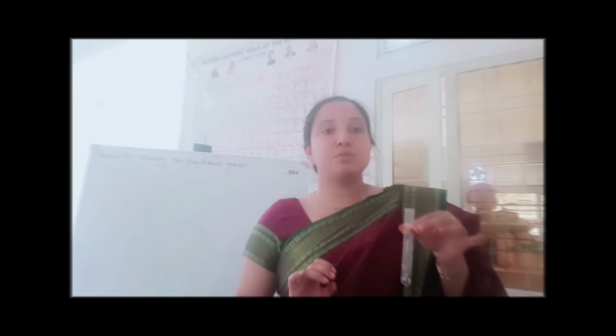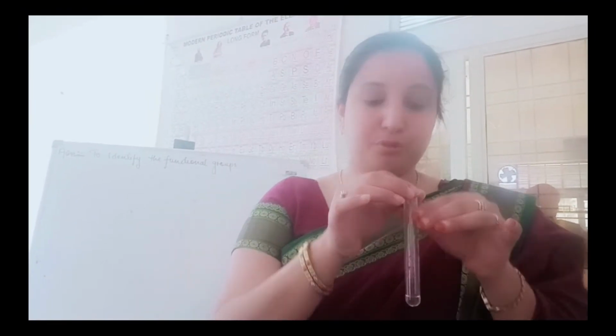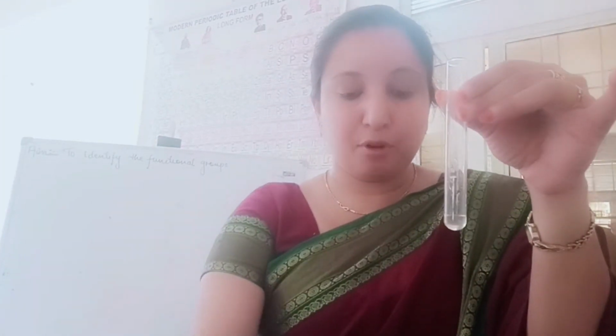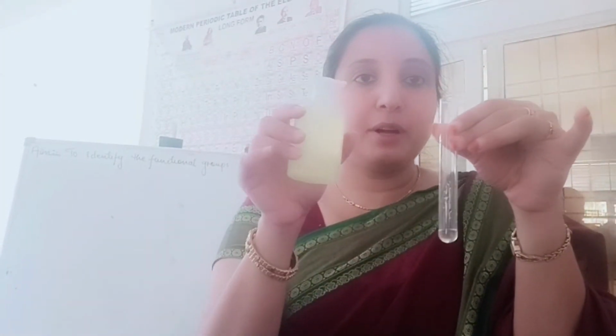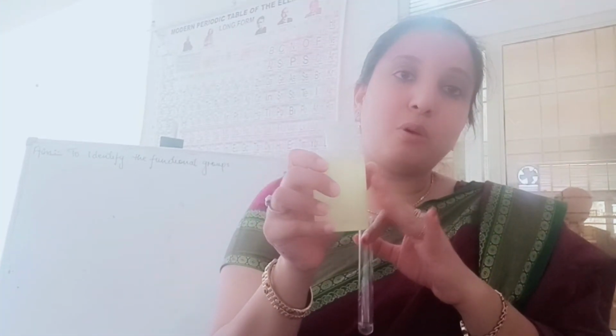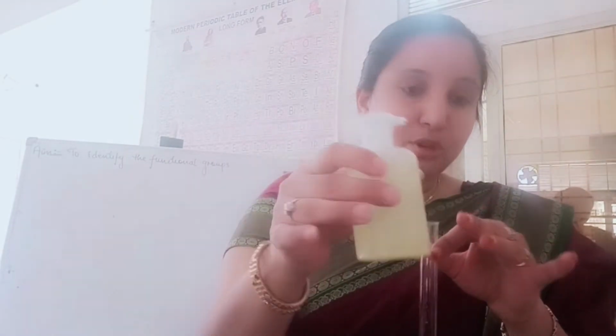Now the next test we are going to perform is the sodium nitroprusside test. The sodium nitroprusside test is basically done for the presence of the ketone as the functional group. Now this is the sample of the ketone, and we need to add sodium nitroprusside. These sodium nitroprusside crystals are already dissolved in distilled water, so it is already in solution form.